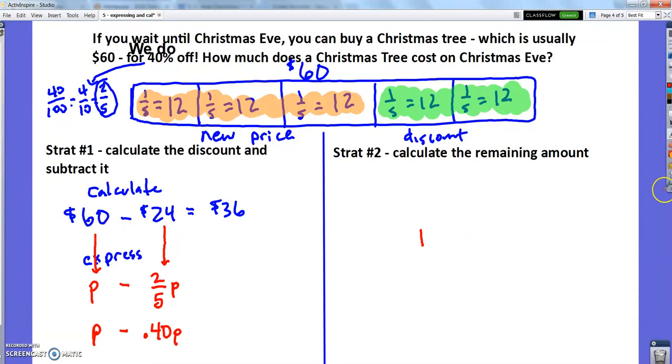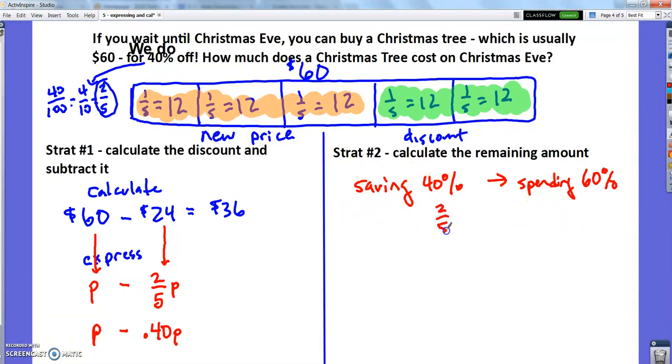All right. So my second strategy is, instead of taking away from the original price, just say, if I'm saving 40%, that's the same thing as spending 60%. I spend the other 3/5 that I don't save. So I'm saving 2/5 and I'm spending 3/5, which we already calculated was $36.